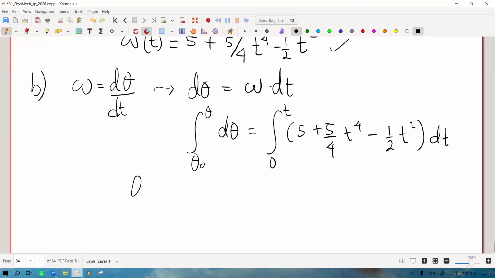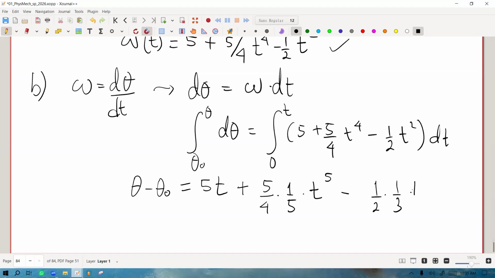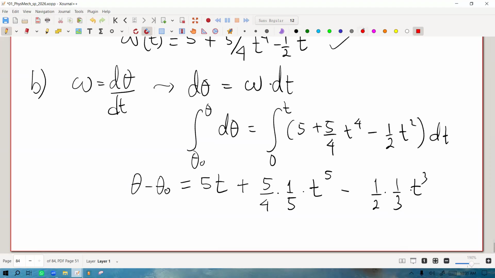Here is theta minus theta 0 equal to 5t plus 5 over 4, 1 over 5, t power 5, minus 1 over 2, 1 over 3, t power 3. So you can cancel this one.